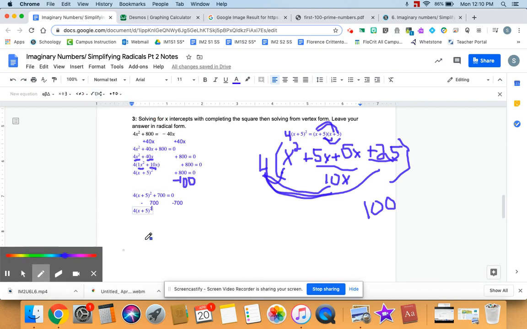However, this 700 minus 700 cancels, and they're gone. So then I'm left with 0 minus 700 on the other side, which is negative 700. So now I have to get rid of the 4 that's being multiplied by dividing it away. Divide by 4.